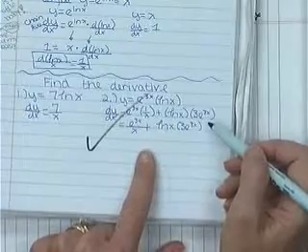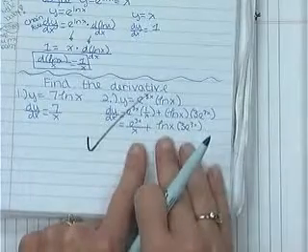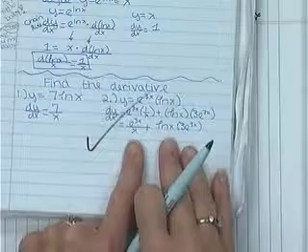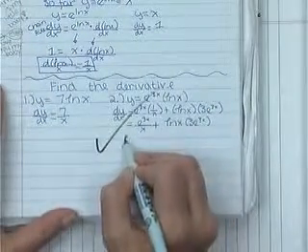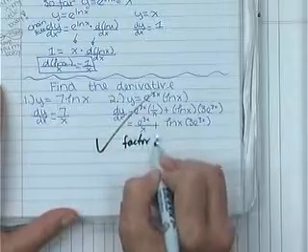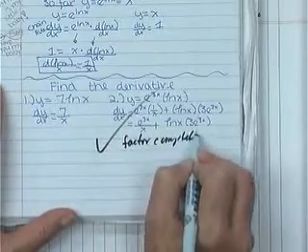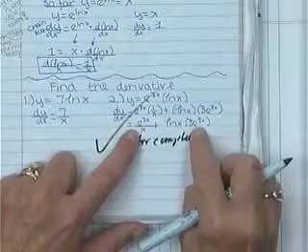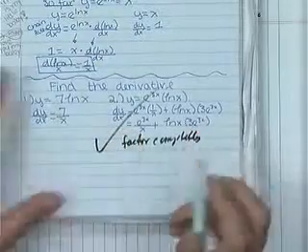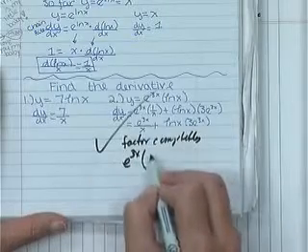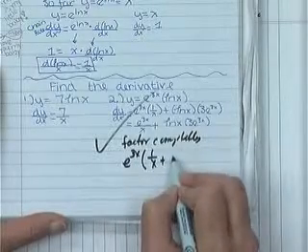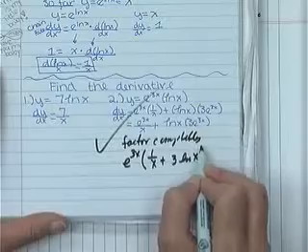If the problem said simplify, this is about all you can do. Actually, if it said factor completely, you see that e to the 3x is a common factor in both terms. So you could factor out an e to the 3x, and that would give you 1 over x plus 3 natural log x.